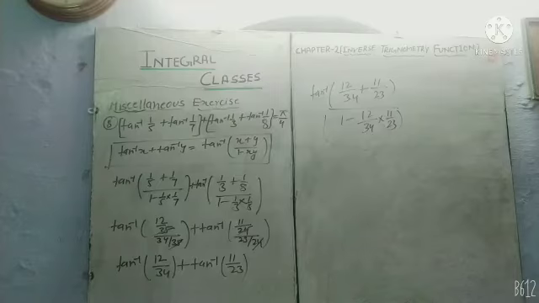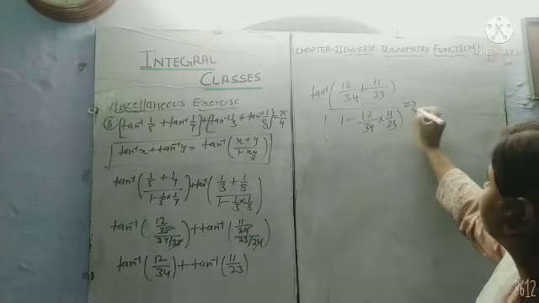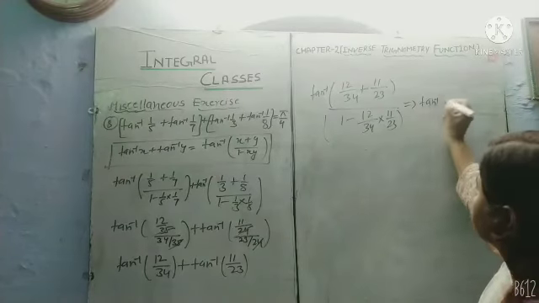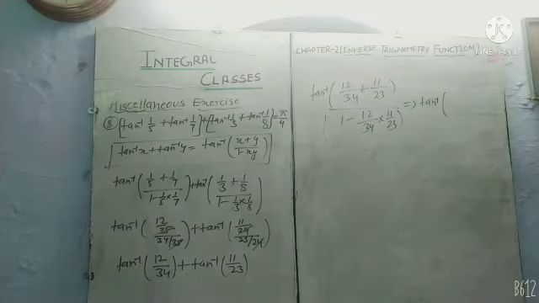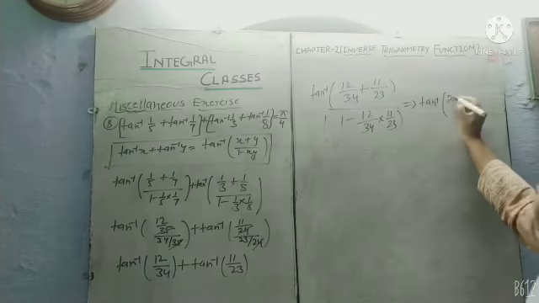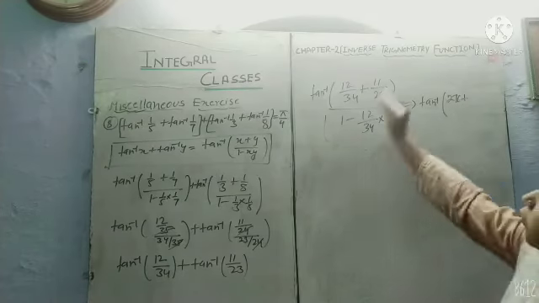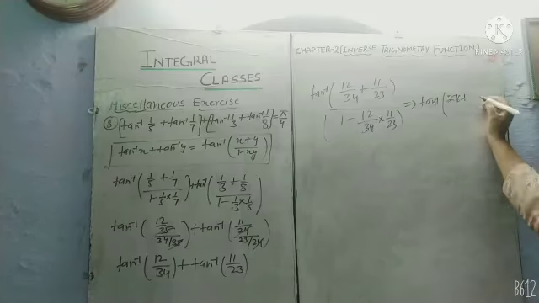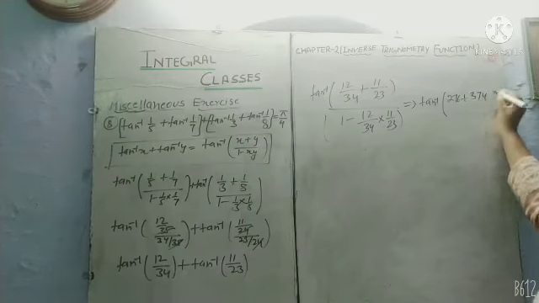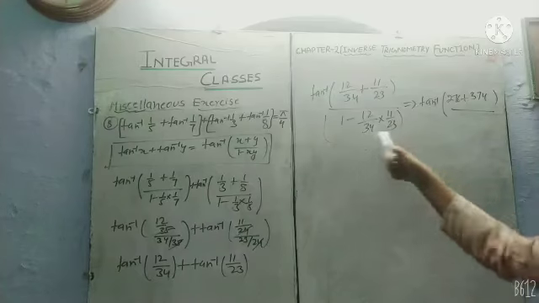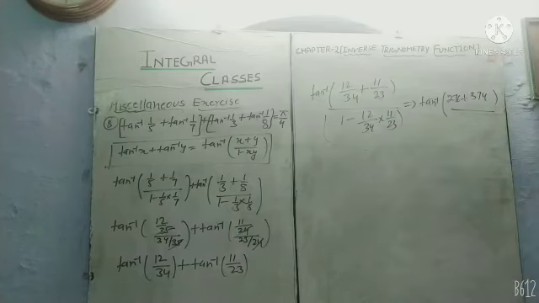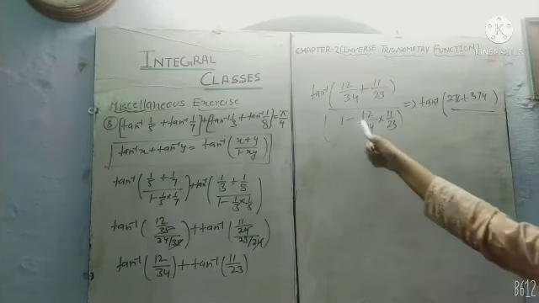Then we will get the answer. Here tan inverse, 12 into 23 becomes 276 plus 34 into 11 becomes 374, upon multiply them and subtract them.